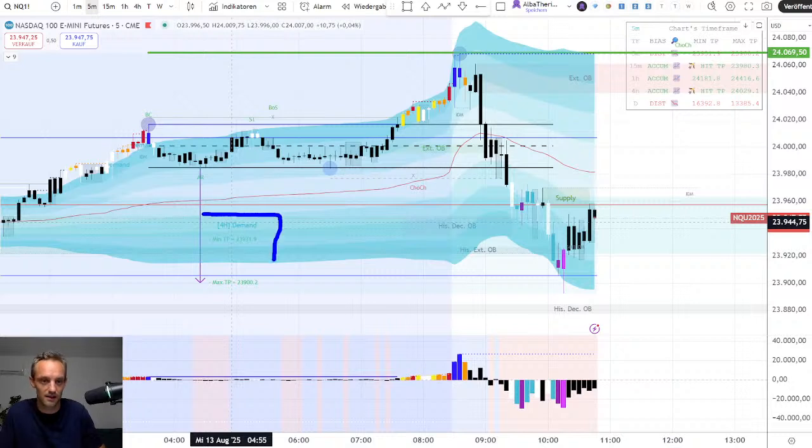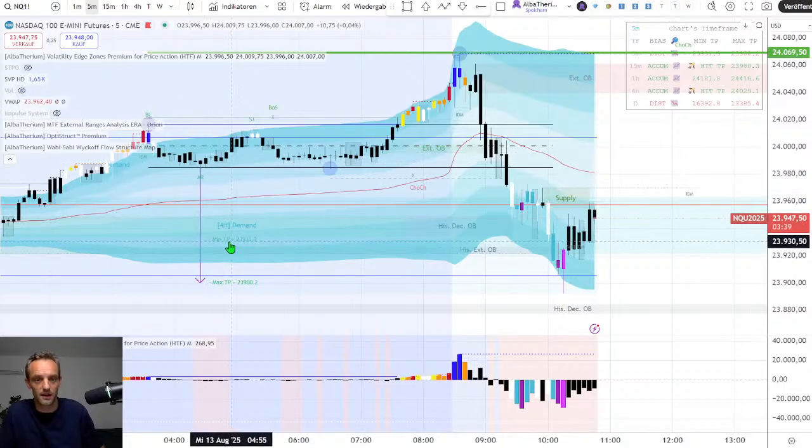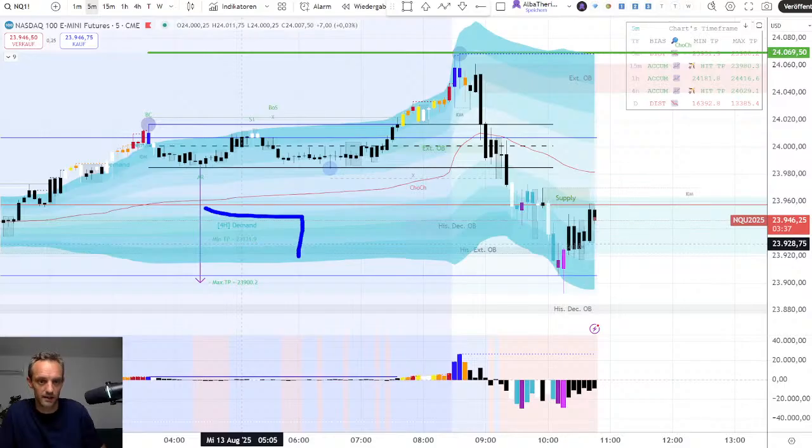Look at the order blocks. Okay, yes, here we see, I saw this also, we see a 4-hour demand order block printing here by Orion. Yes, the external range analysis from Orion is showing me higher time frame order blocks. So I saw that here we have 4-hour order blocks.